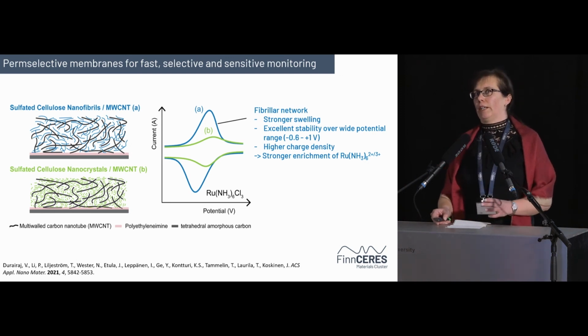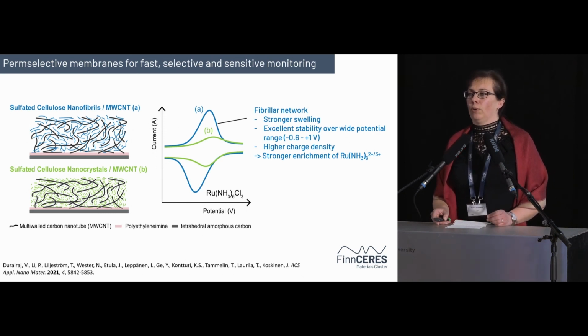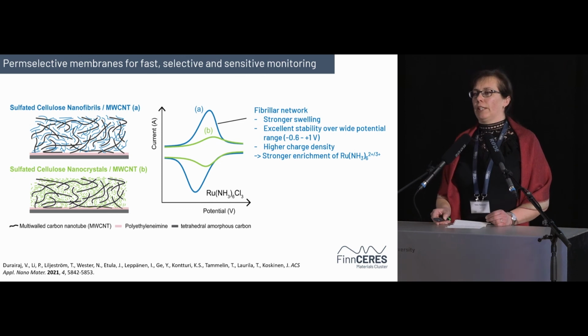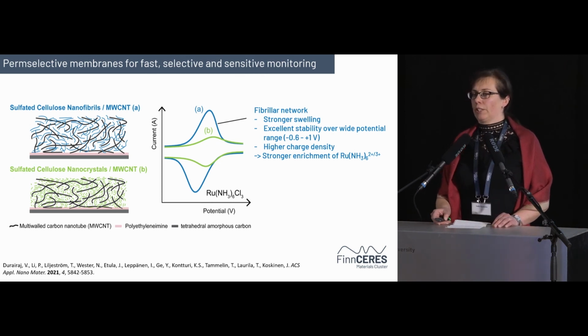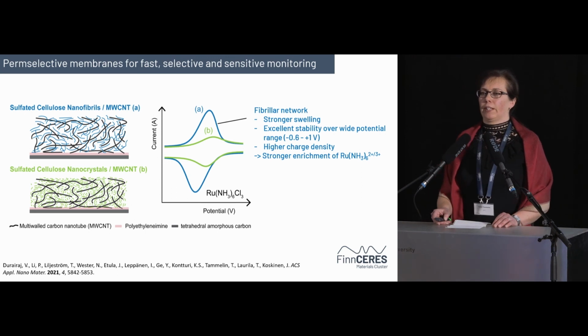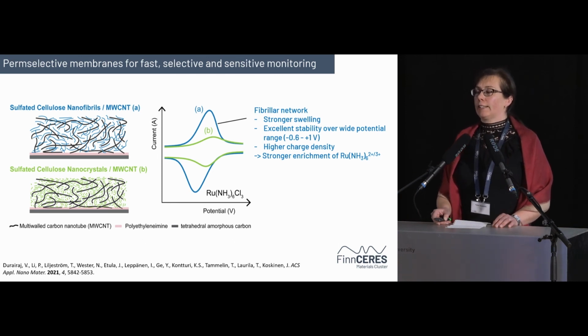Again, we are dealing with stronger swelling, which improves the response, and higher charge density. Both of these materials show excellent stability over a wide potential range, which is all good news. This work is ongoing in the frame of FinnCERES in collaboration, and now we are going towards environmental monitoring and water purification systems with this hybrid approach.